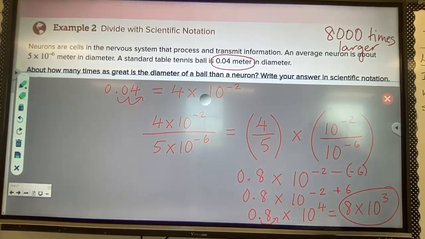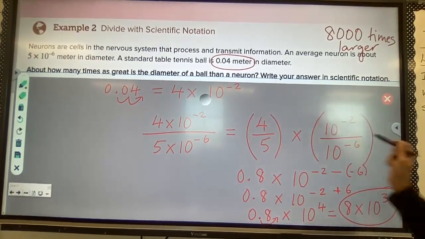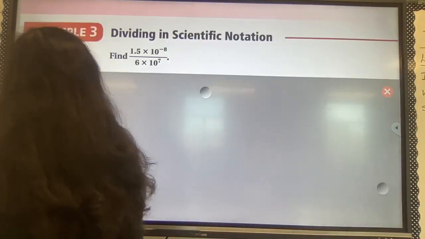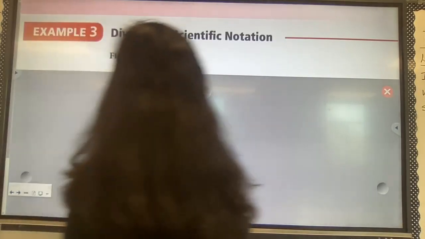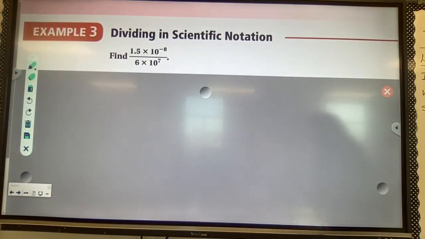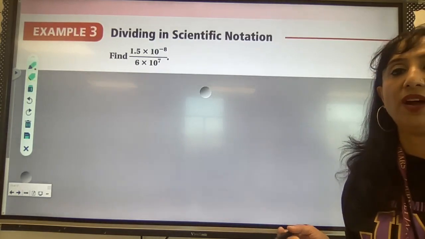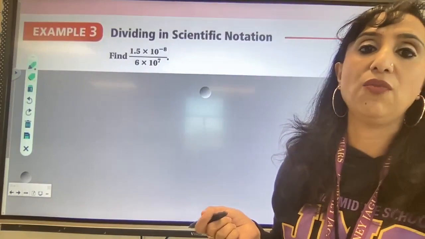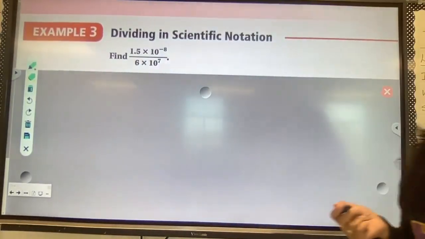Let's do another division problem really quick. And let's do this one. Okay, so find 1 and 5/10 times 10 to the power of -8 over, and the fraction line obviously means division, over 6 times 10 to the 7th power.